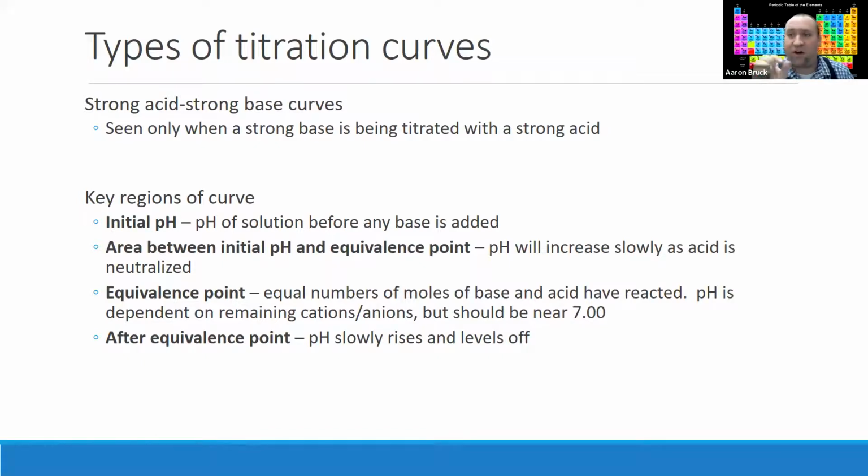So what we see is a very gradual increase in pH as the acid is neutralized, to the point that we're going to see this very flat, just slightly curving upward kind of trend until we get near that equivalence point.